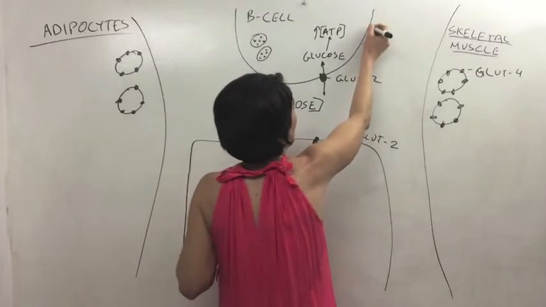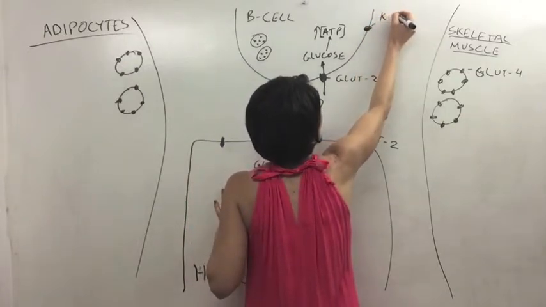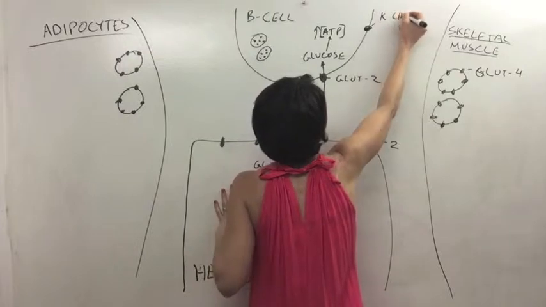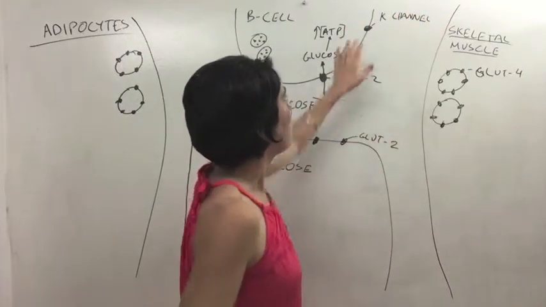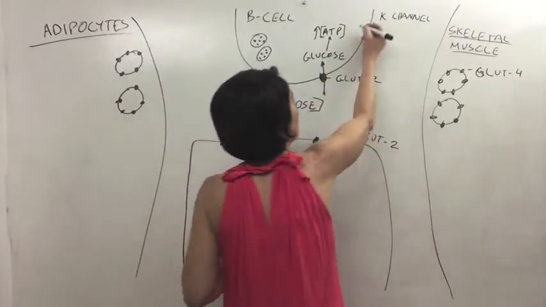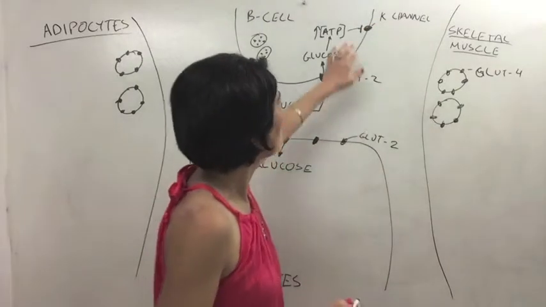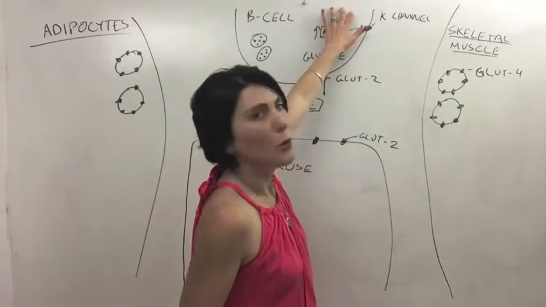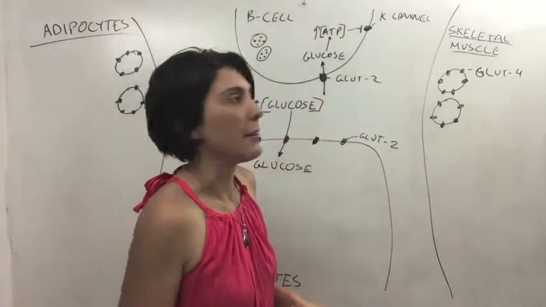ATP. So on the membrane, there will be potassium channels which are sensitive to ATP, and what ATP causes is these channels to close. So they close. So potassium can't move from the inside to the outside of the cell as easily.